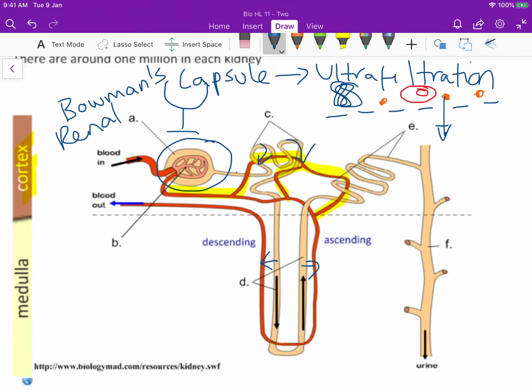So the whole purpose after the filtration is to get things back into the blood, and that's why we've got these rich capillary networks to absorb things back into the blood.